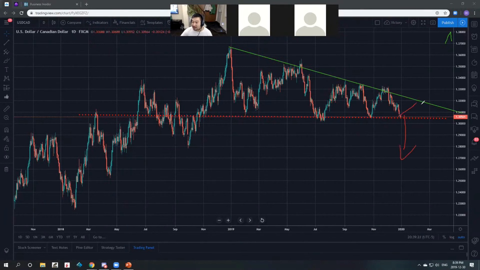If the market comes here and that green line acts as resistance and pushes it down, then my bias in USD CAD will always be to the downside until that green line is broken to the upside. Right now you should be biased to the downside for USD CAD. Okay? So that's the idea of using support and resistance.